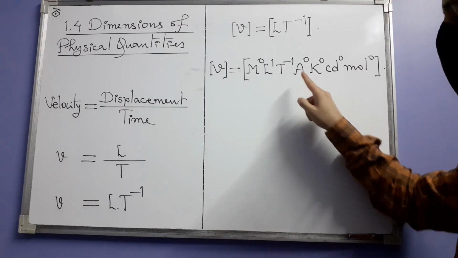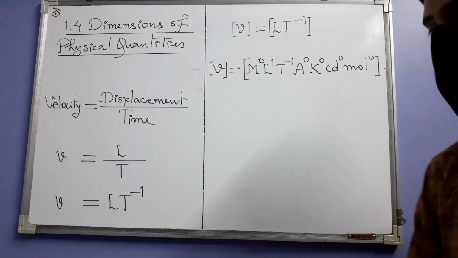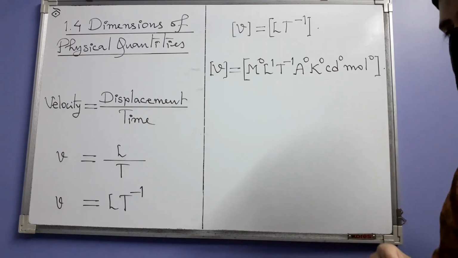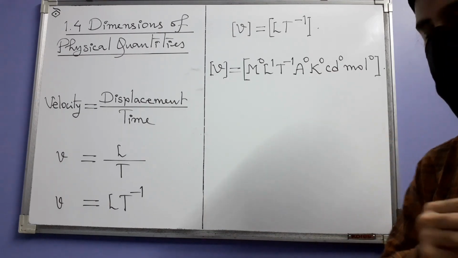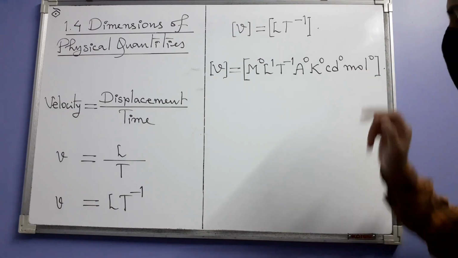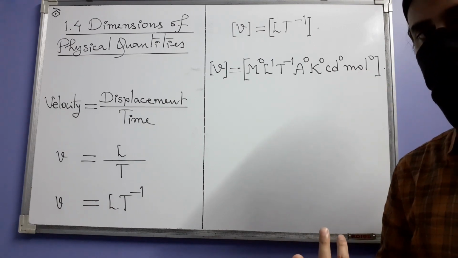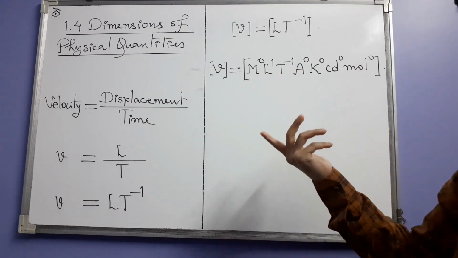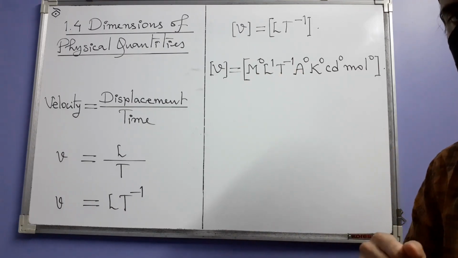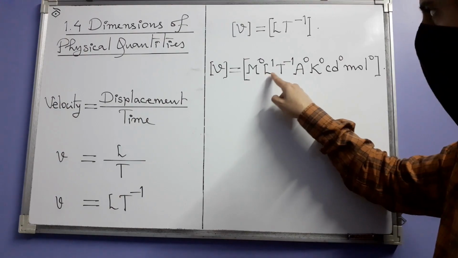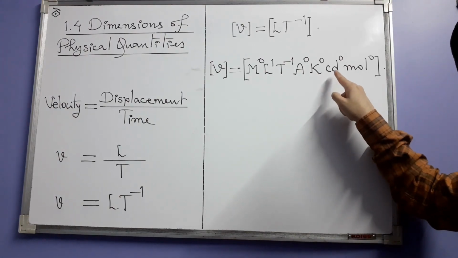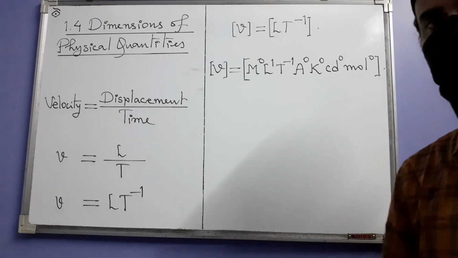A denotes electric current. K is thermodynamic temperature. CD is luminous intensity. And MOL represents mole, amount of substance. So you see here all the basic 7 quantities: mass, length, time, electric current, thermodynamic temperature, luminous intensity, amount of substance.